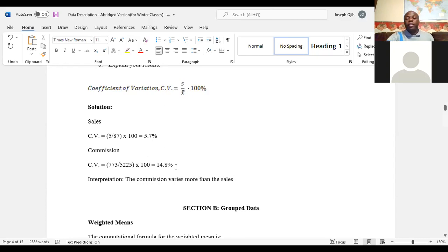If you see somebody who's working in sales at a different company, and you do the CV comparing commission to sales, and you get a smaller number, let's say 10%, that's why some people say, he is doing the same thing I'm doing, how come he's richer than me? Or she's doing the same thing, how come? Because they're doing the same thing, but the rate of change in the commission is higher. So you can see two nurses working at different hospitals, the same rank, but making different amounts because of these variations. Any question?